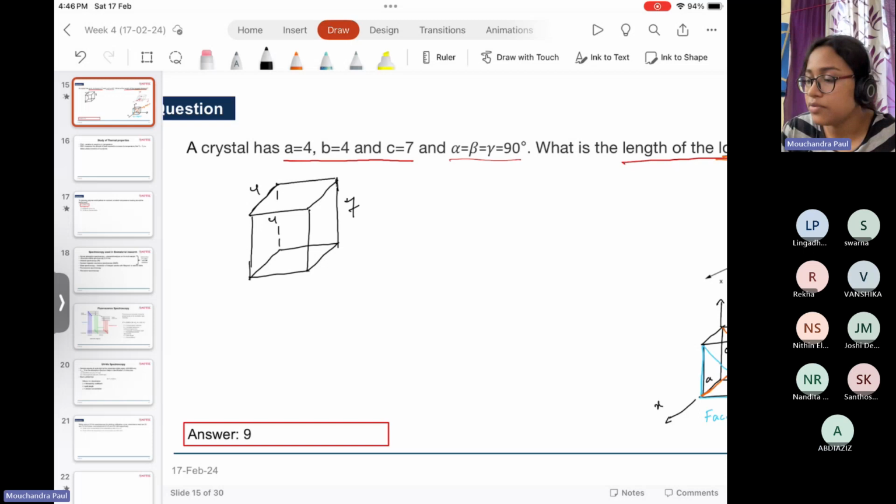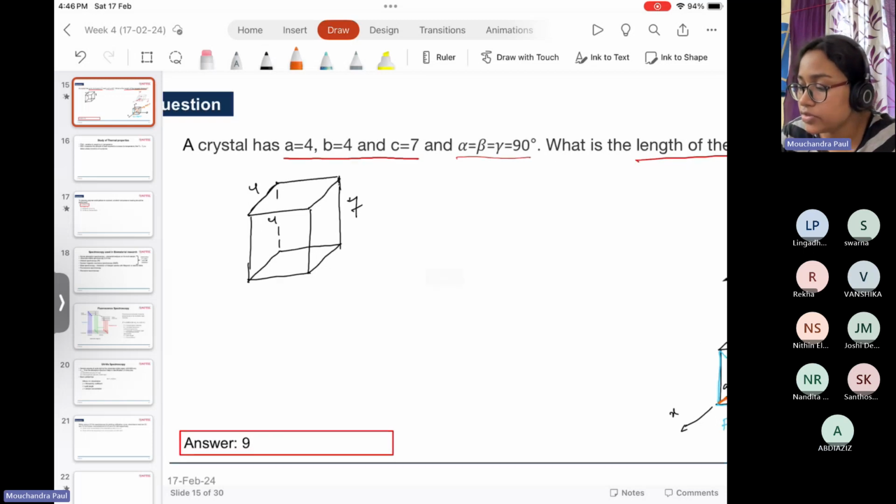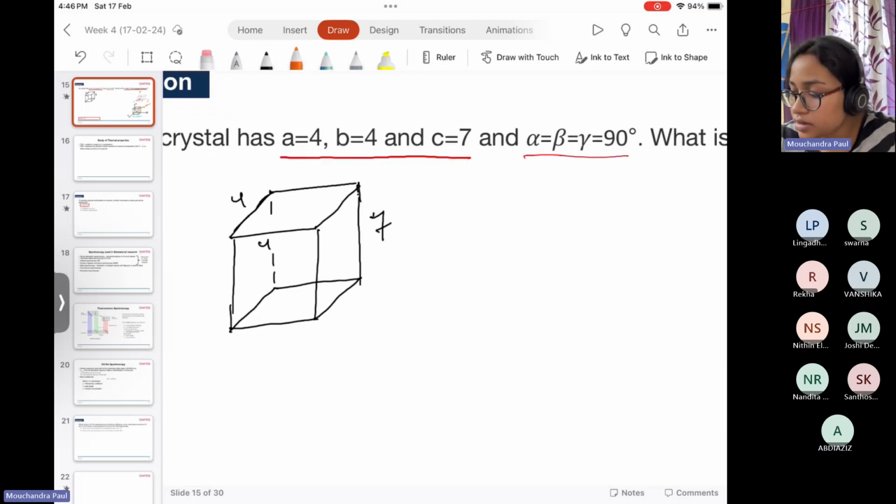Now you have to find out the length of the body diagonal. You can take the diagonal coming from here, or the diagonal coming from here. Both the diagonals will have the same length. In my case, I'm taking a diagonal starting from this particular corner and ending here.